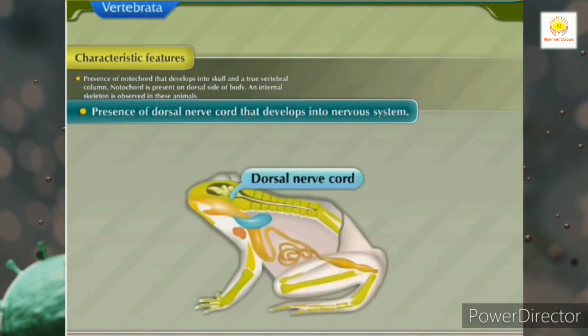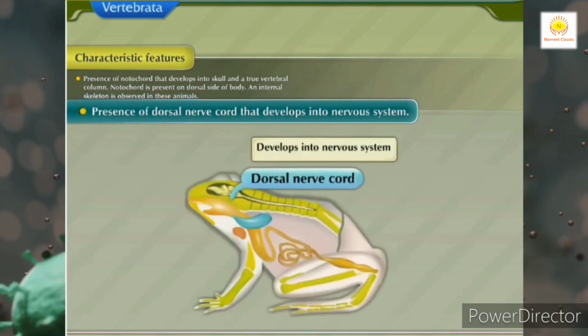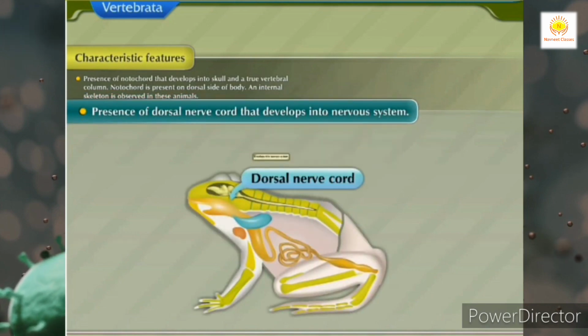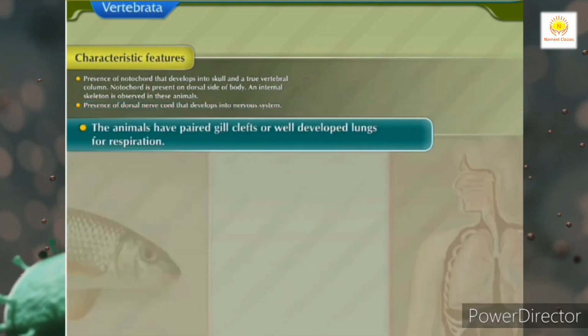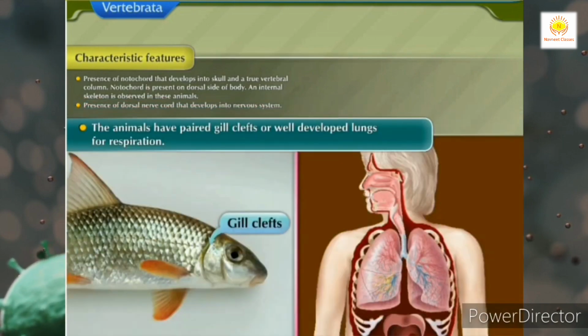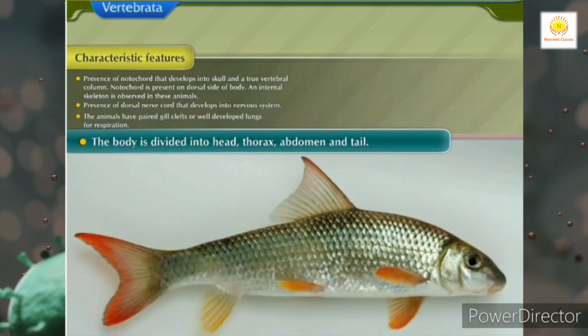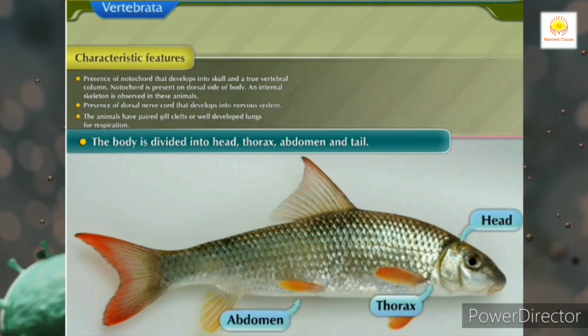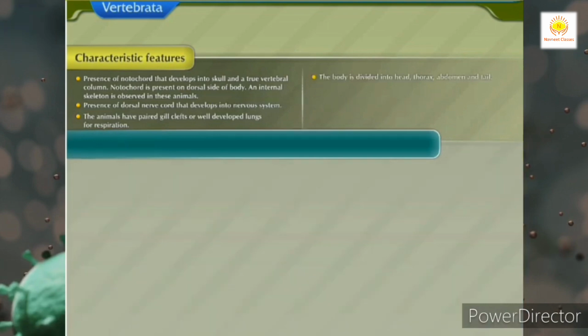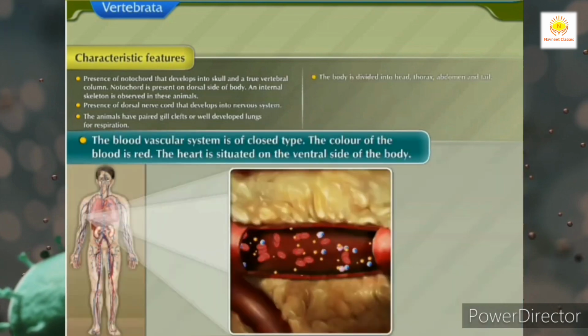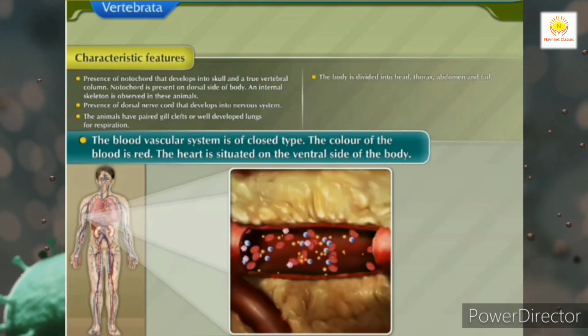Presence of dorsal nerve cord that develops into nervous system. The animals have paired gill clefts or well-developed lungs for respiration. The body is divided into head, thorax, abdomen, and tail. The blood vascular system is of closed type.